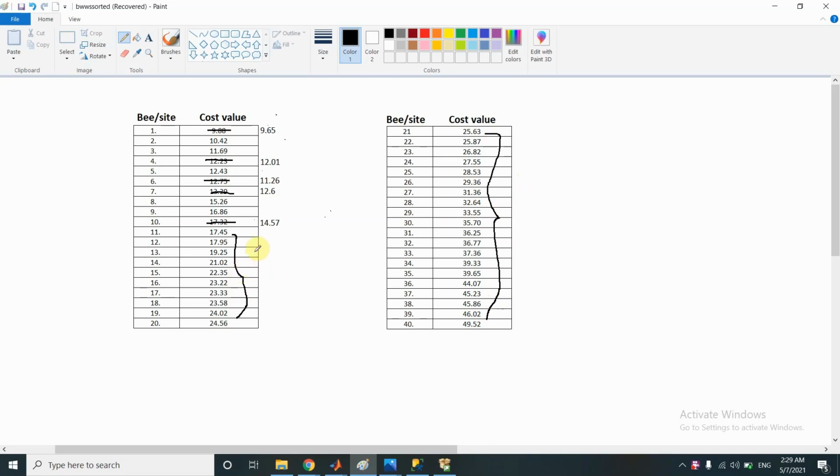Then it may be the case that some of these values are even better than these values, and some of these values may also be better than these values, and even you can see that some of these values are capable of going higher up in the ascending order. For example, 11.26 is certainly better than 11.69 and 12.01 as well.